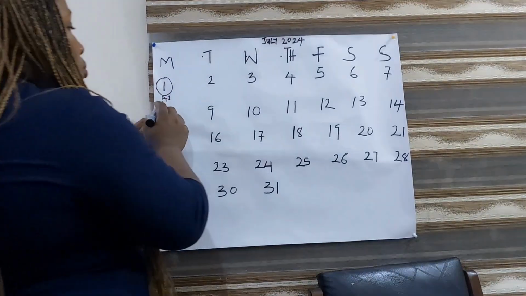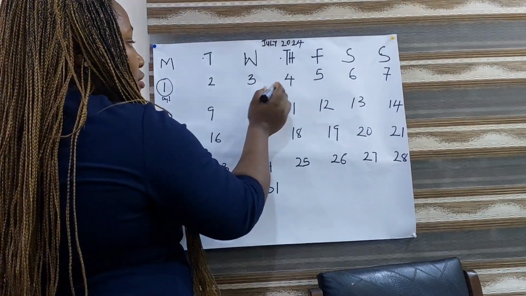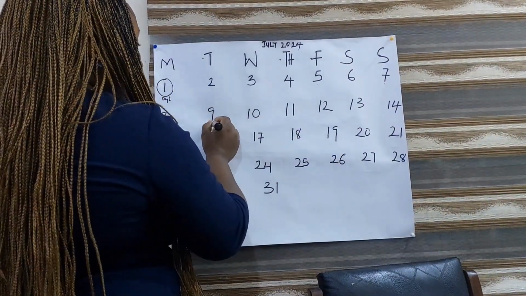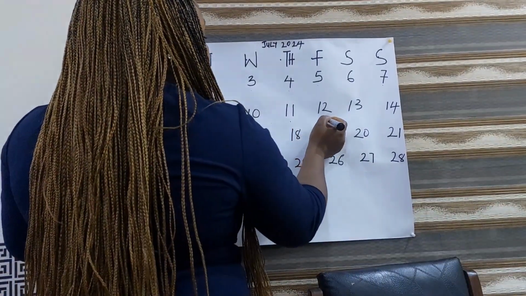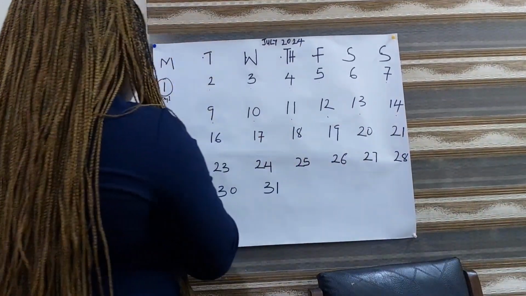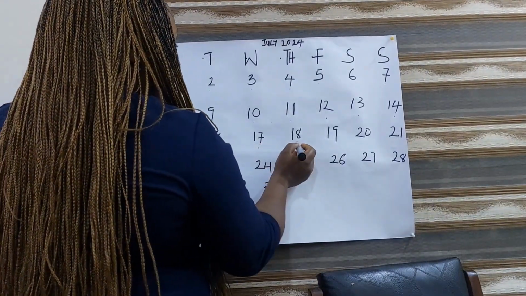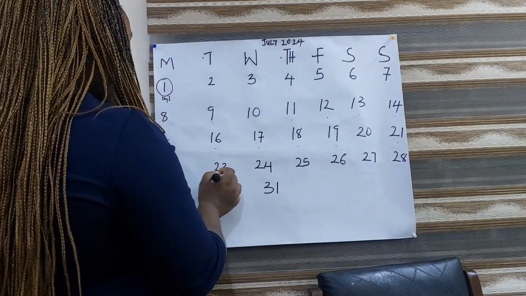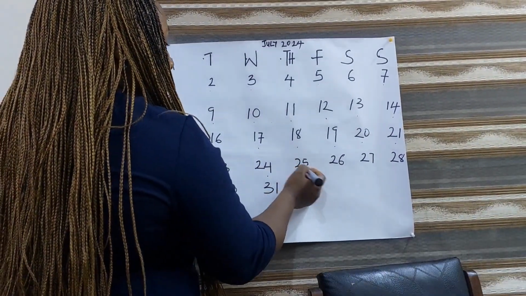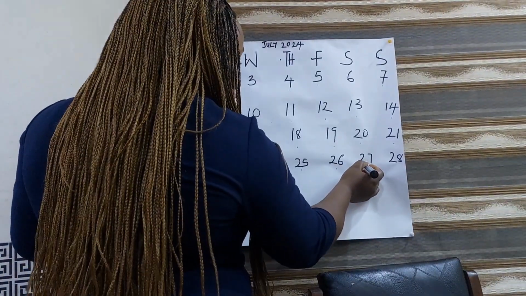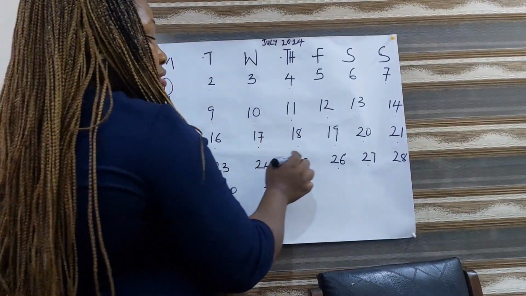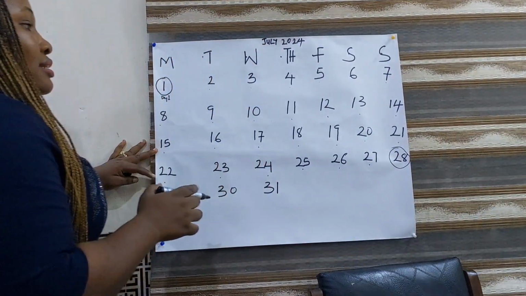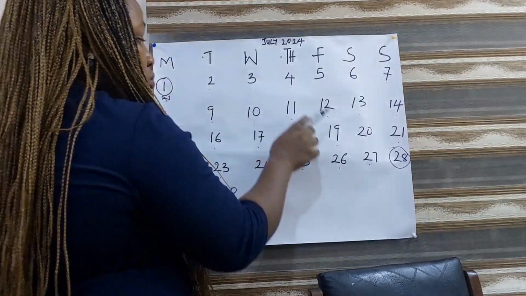So you now have to count 1, 2, 3, 4, 5, 6, 7, 8, 9, 10, 11, 12, 13, 14, 15, 16, 17, 18, 19, 20, 21, 22, 23, 24, 25, 26, 27. So let us say your period started again on the 28th. So what it means is that the length of your cycle is 1 to 27.